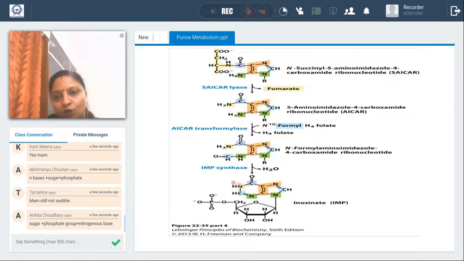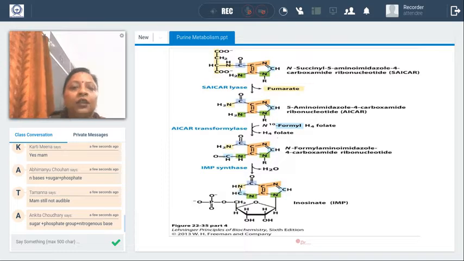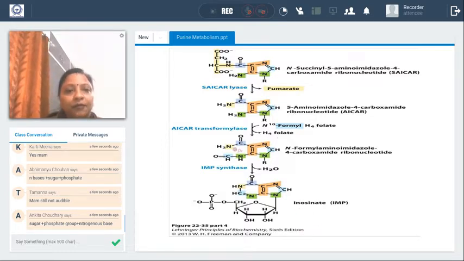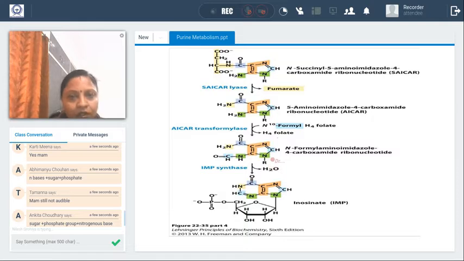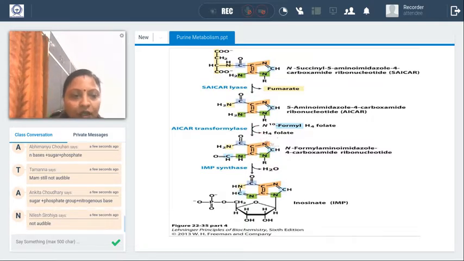AMP is adenosine monophosphate. It is the name of a nucleotide made up of adenine plus phosphate plus ribose sugar, combined, that is ribose 5-phosphate. I think it is clear to all of you what AMP is.